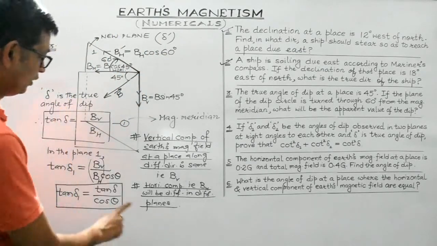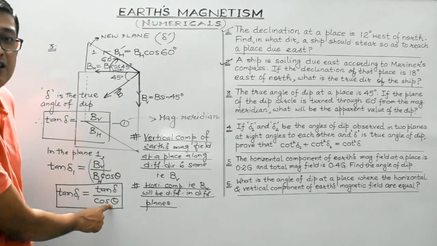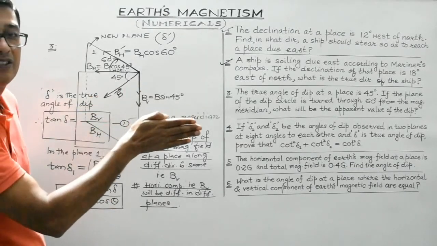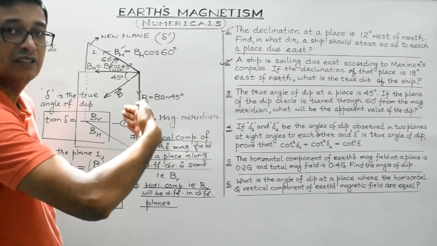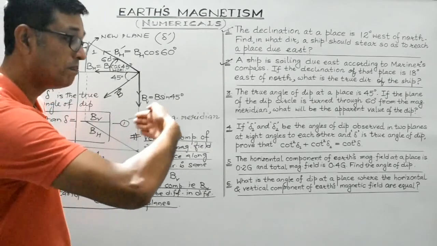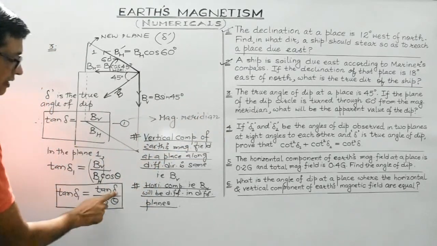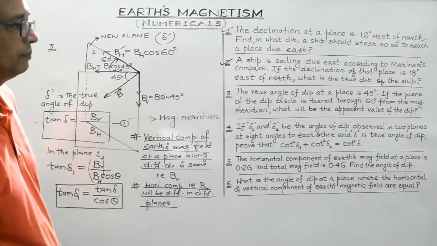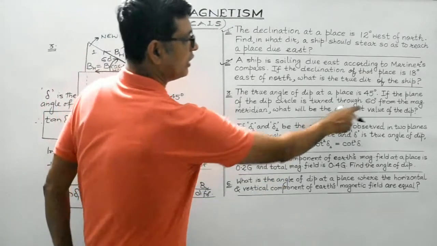Clear? So here theta is the angle through which the plane is rotated with respect to the magnetic meridian, right? Delta is the true value of the angle of dip and delta 1 is the apparent value of the angle of dip, right? So now let's substitute the values.